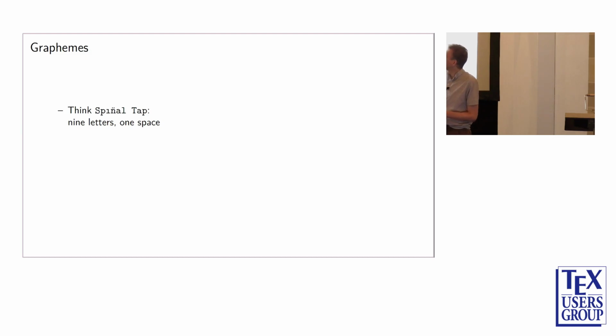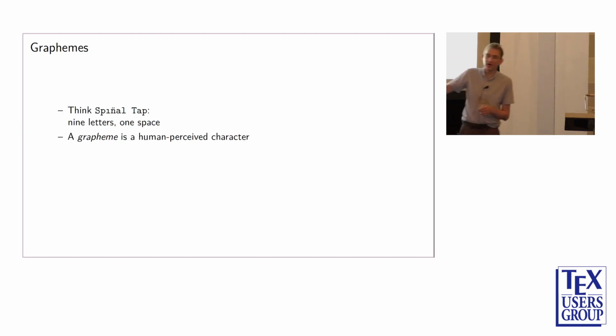So what we want to think about is graphemes. Why do I say this? You see Spinal Tap, it has 2 letters which are not used in standard English. We have a dotless i, which does have a Unicode code point because it's used in Turkish and so on, so you can get at that one. And it has an n with an umlaut.